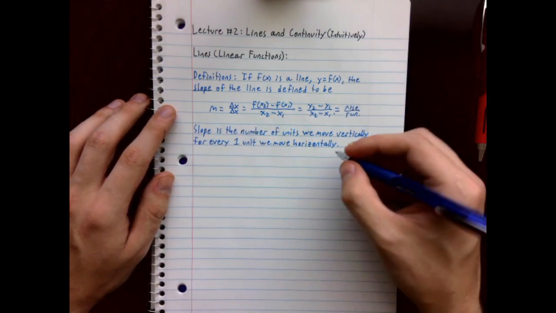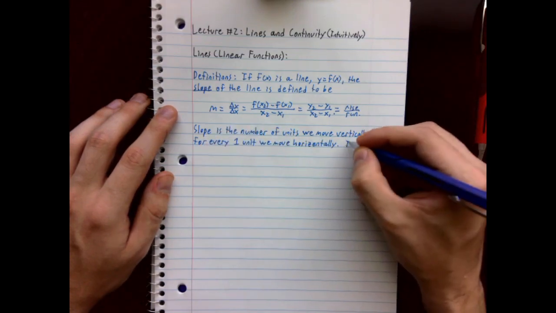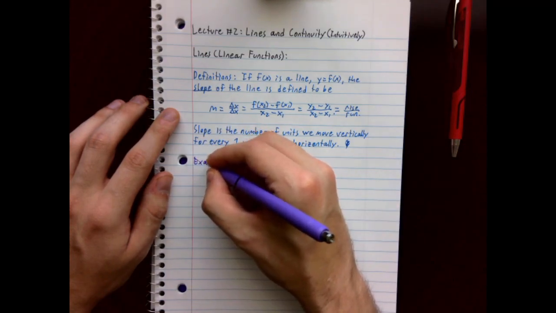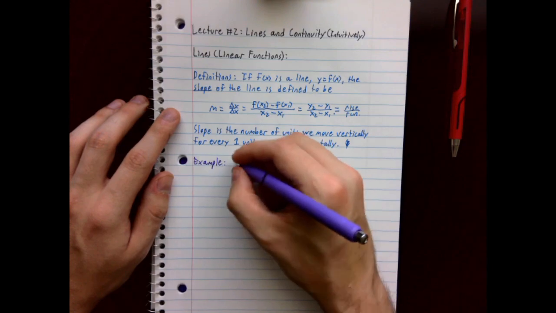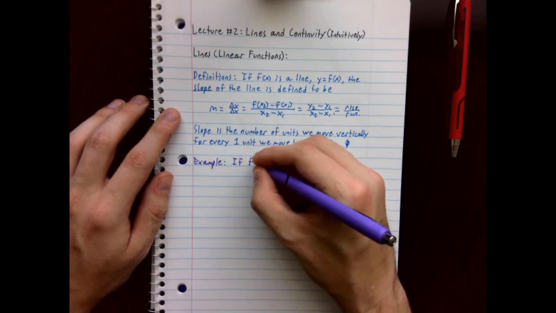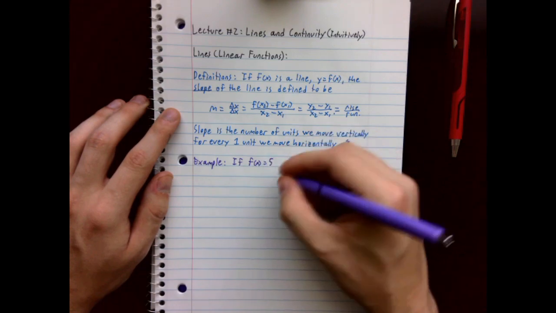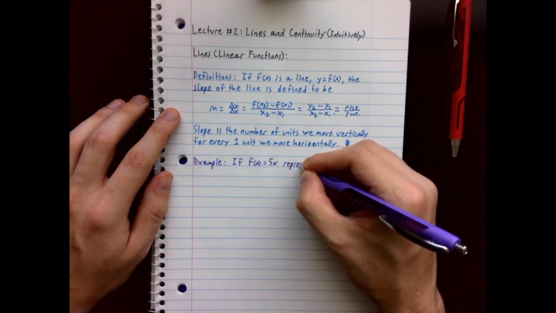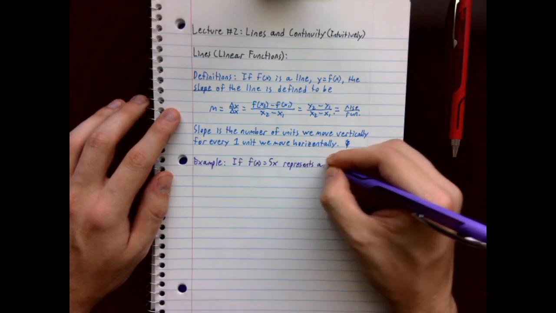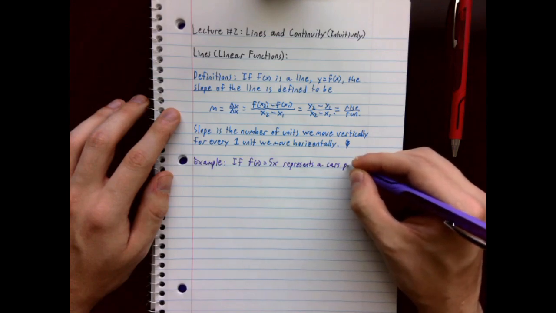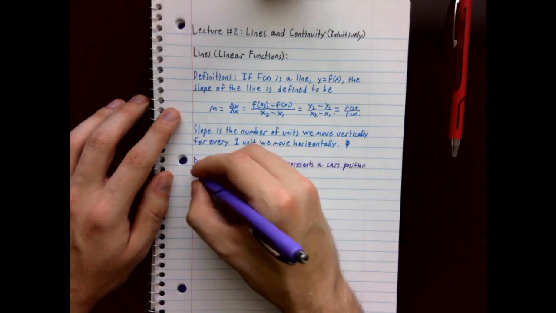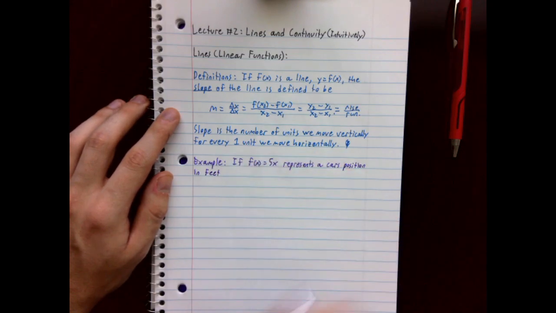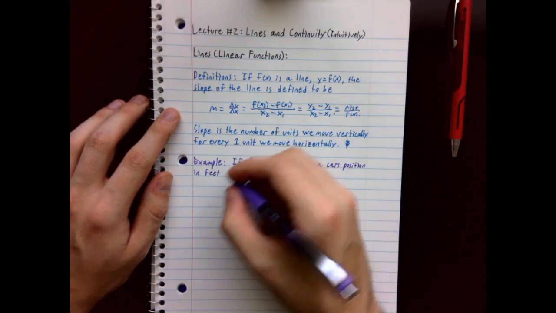So let's actually write that out. Example: if f of x equals 5x, and 5x represents a car's position in feet at x seconds, I guess we'll say this is an appropriate unit. Maybe it's traveling very slowly.